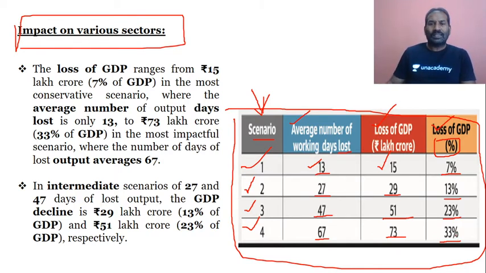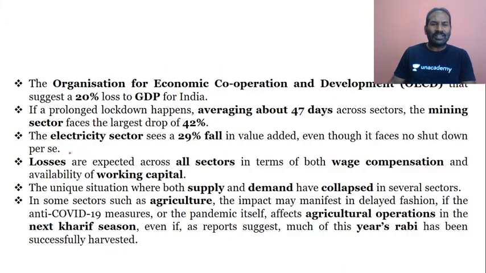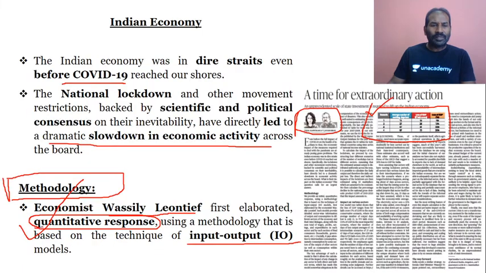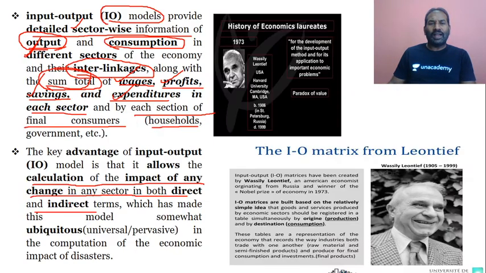So this analysis is very important. Why? This analysis is important because of the quantitative response. This kind of response has to come from the government of India. A quantitative response has to come from the government of India, not just pumping in money as they wish.